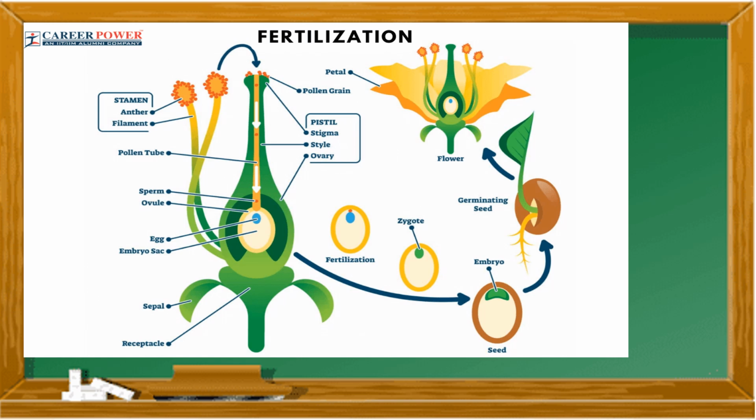Once the pollen grain enters the stigma, it swells and grows a long tube that travels through the style until it reaches the ovary. The tube releases the sperm cells into the ovule to fertilize the egg cell. The fertilized egg cell and the ovule itself develop into a seed.